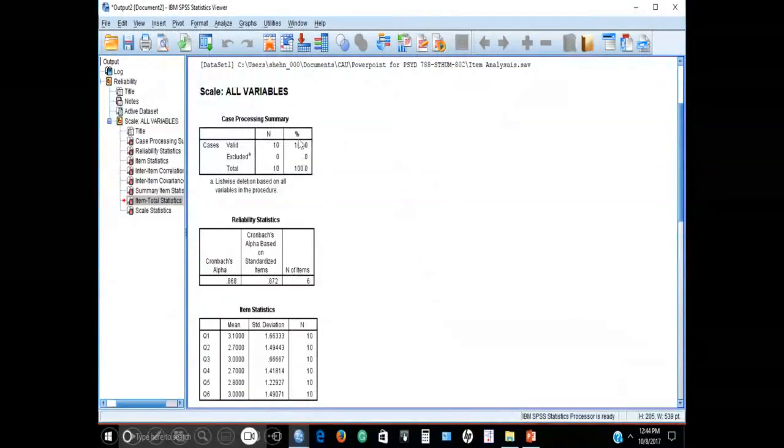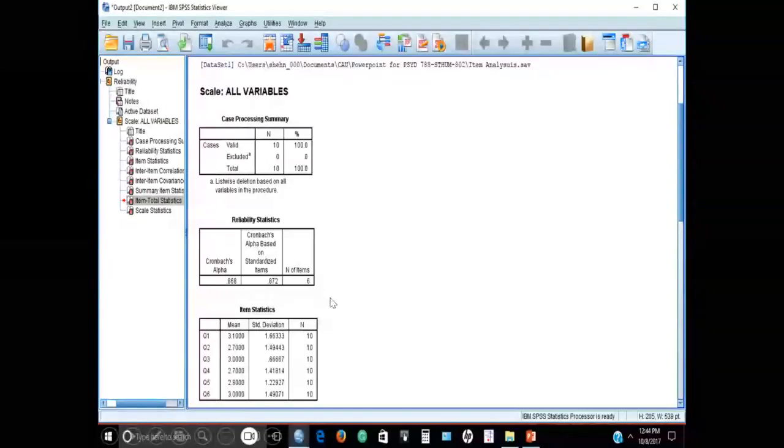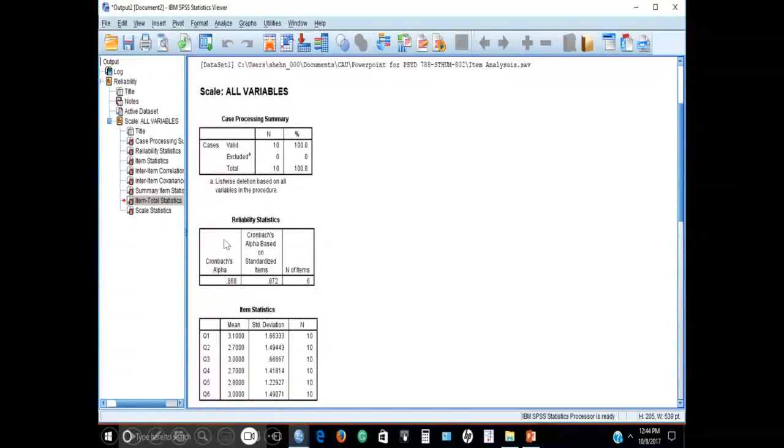Again, that tells you the number of cases, 10, 100%, everything was there. Number of items, 6, and then Cronbach's alpha right there is 0.868, which is good. This is a proportion on a scale from 0 to 1. 0.86 is good reliability.